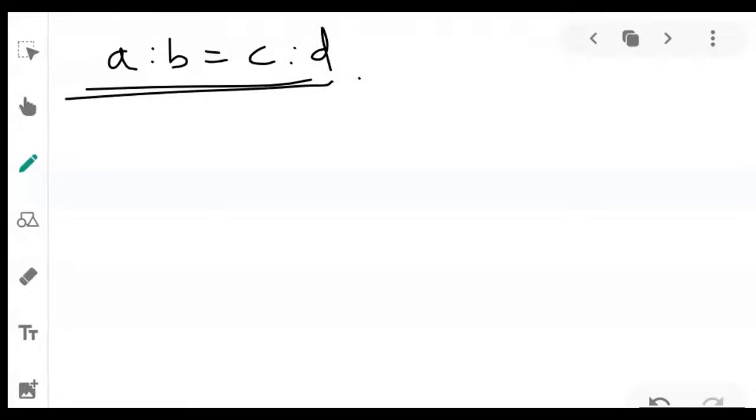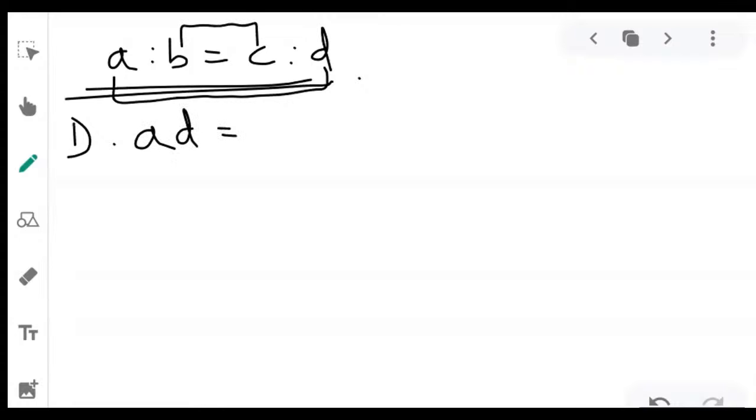So if I have A is to B is equal to C is to D as my proportion, my first rule is that A into D is equal to B into C. That is, product of outers is equal to product of inners.